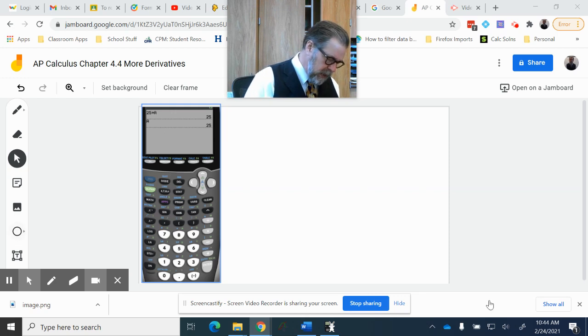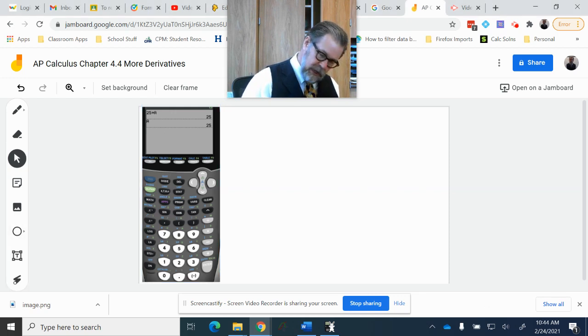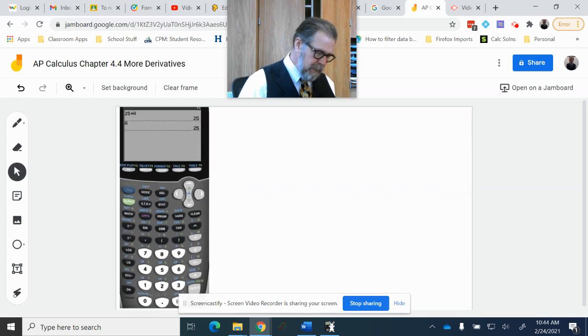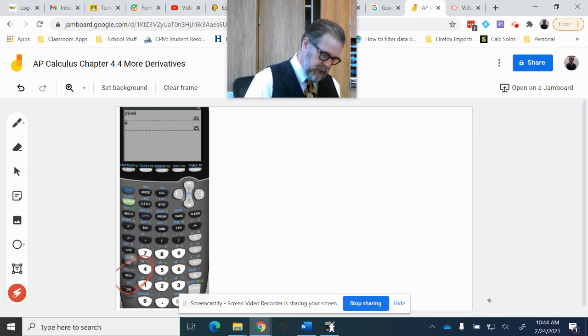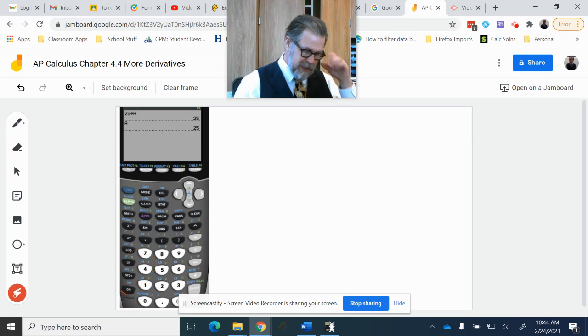I did say I was going to talk very briefly about a feature of the calculator that's useful when you're doing advanced calculations. If you look down here on this calculator, you'll see the STO, which is the store button. The reason it's nice is if you have a complex calculation and you've come up with some answer, it's accurate to however many decimal places your calculator can hold, which is significant.